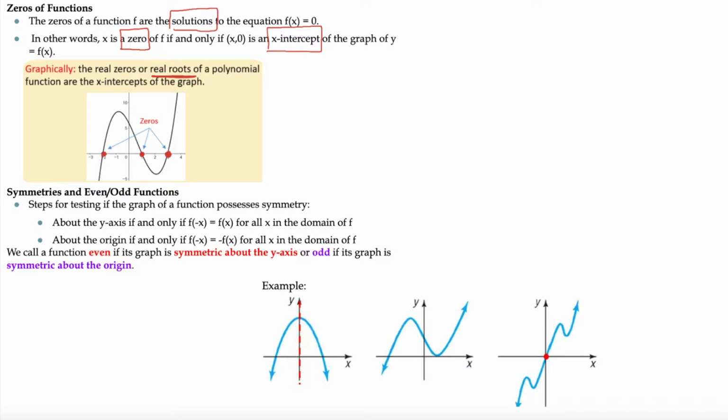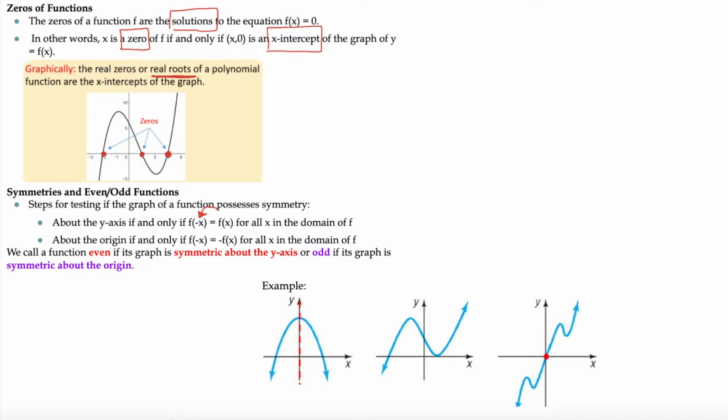Some steps for testing if a graph is even or odd, and for seeing if there is symmetry. So the graph is symmetric about the y-axis if and only if I substitute negative x into my function and I obtain the original function itself.